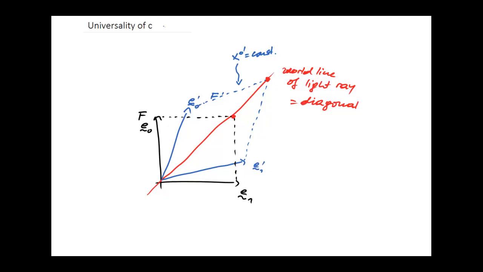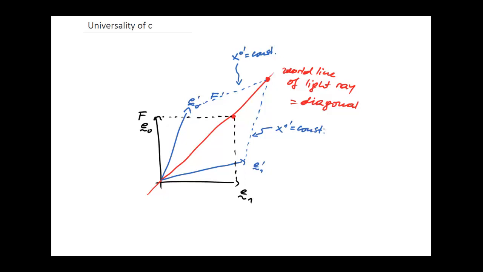And then I ask, where is it in terms of the spatial coordinate? Now, to measure the spatial coordinate of this event, I have to go parallel to the basis vector E0 prime. So this is this dashed line here. These are all events with identical spatial component x1 primed.